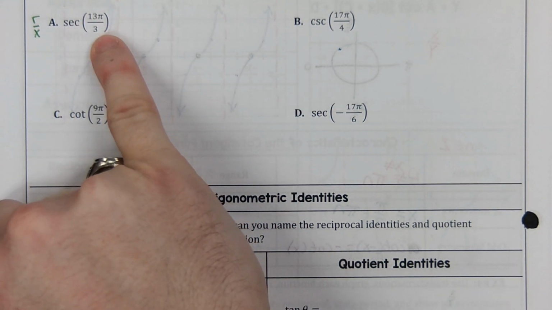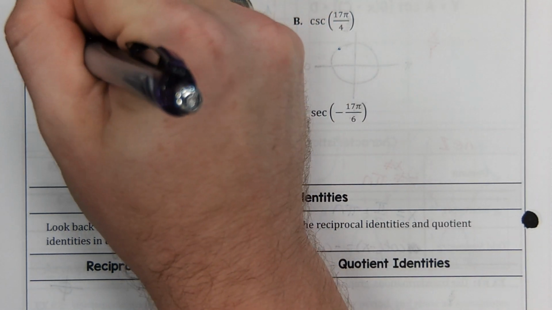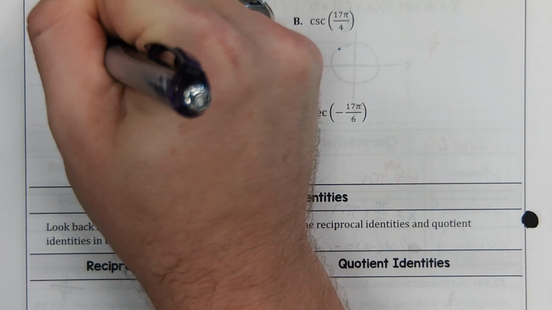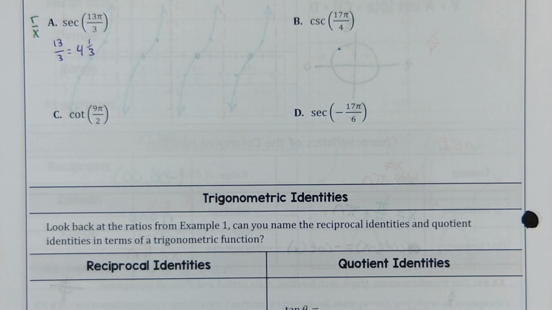The way I do this is I ask myself, what is 13 over 3 as a mixed number? 13 divided by 3 is 4 1/3. That means 13 pi over 3 radians is 1/3 of a pi past 4 pi.